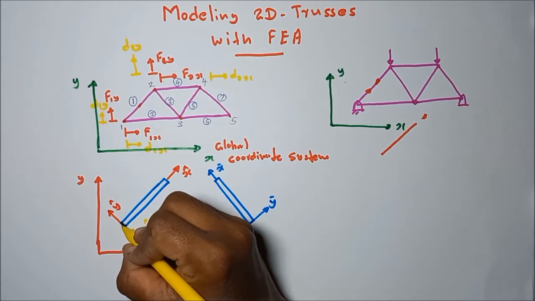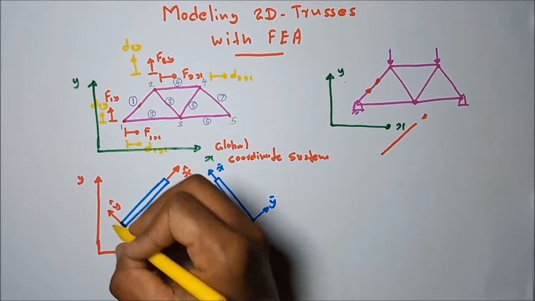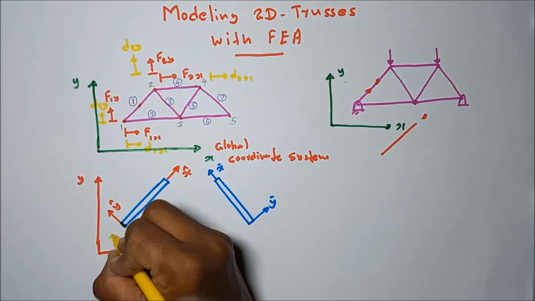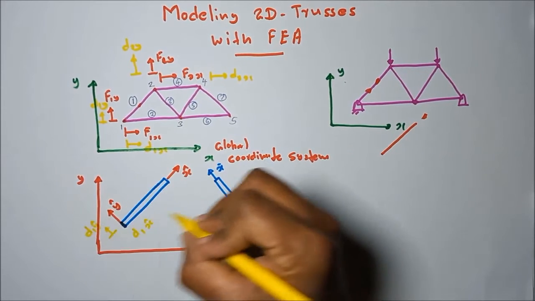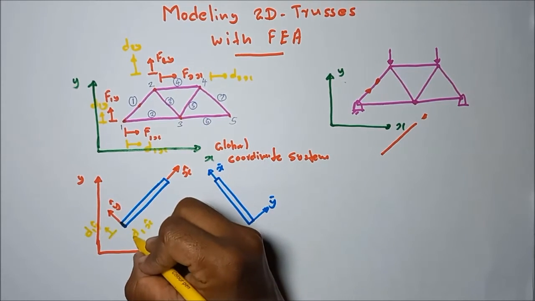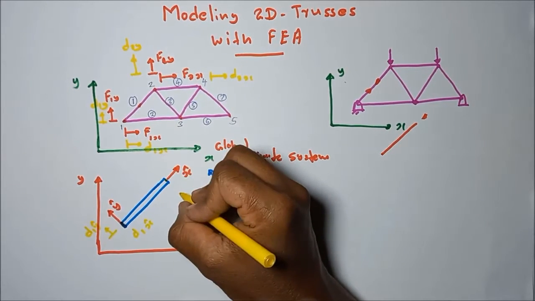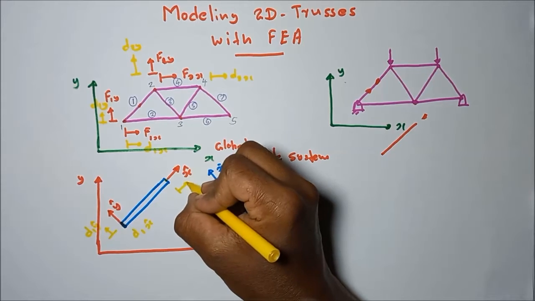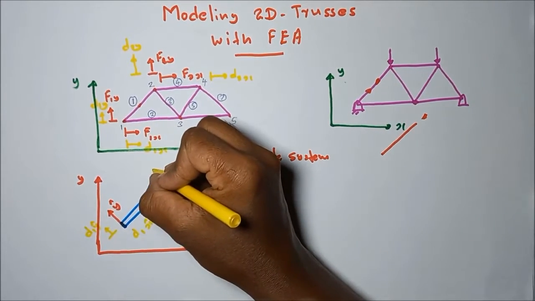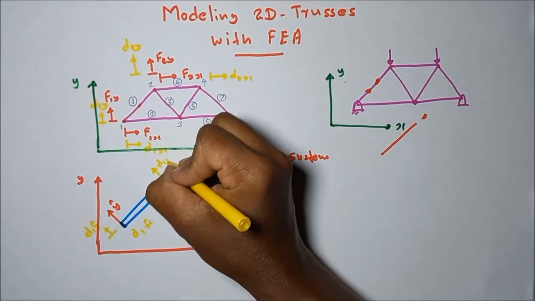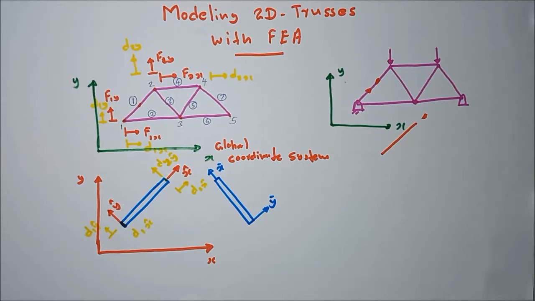Okay, along the y hat direction, displacement of node 1, let's take it as d1 y hat. Same as in here, along the x hat direction, the displacement of node 2, d2 x hat, along the y hat direction, d2 y hat.